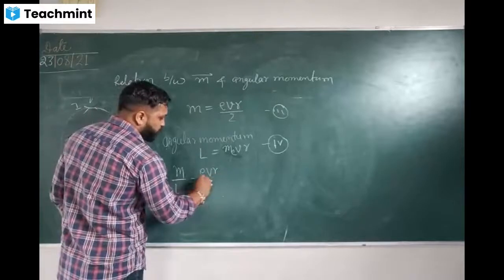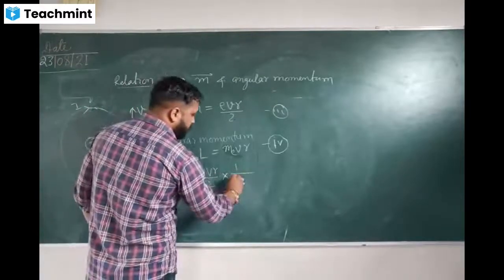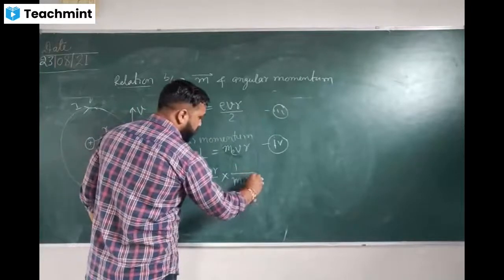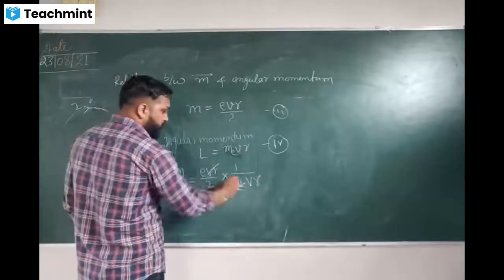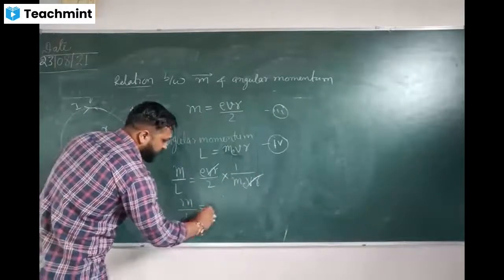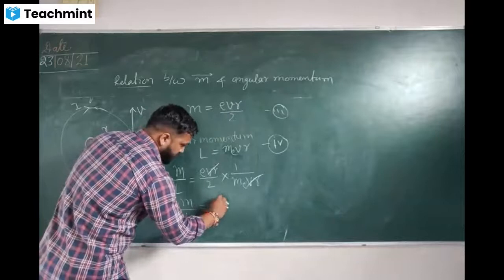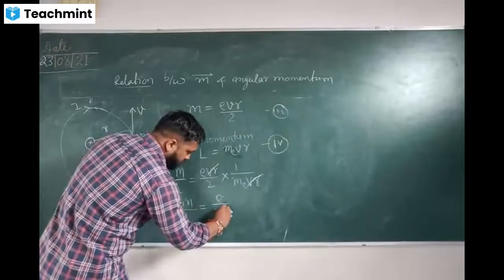M upon L is evr upon 2 into 1 upon m_e vr. So vr gets cancelled. So M upon L becomes e upon 2m_e.